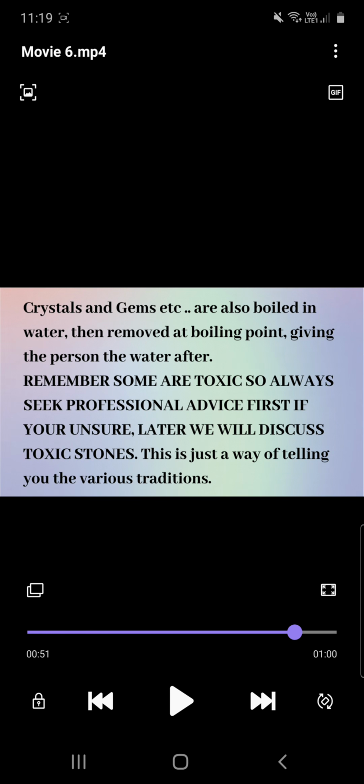So crystals and gems, etc., have also been boiled in water or added to boiling water. It has to be at the boiling point, and then the crystal will be removed and the water will be given to the person afterwards as a treatment aid. Now, this is just telling you what the others do. Some are really toxic, okay? Always seek professional advice first if you're unsure.